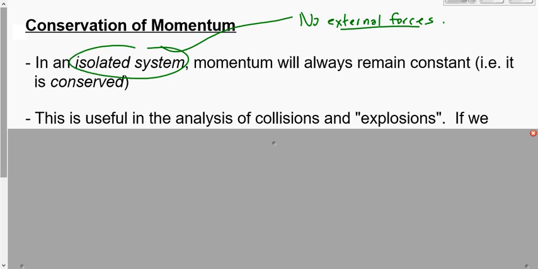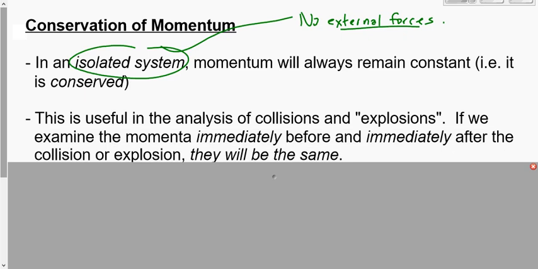But it could be figuratively an explosion as well. If I'm on a skateboard and I jump forward, the skateboard goes backward. Me and the skateboard were basically one object before, and now we're two. That's like the bomb exploding into two pieces. We use it when we analyze collisions or explosions.